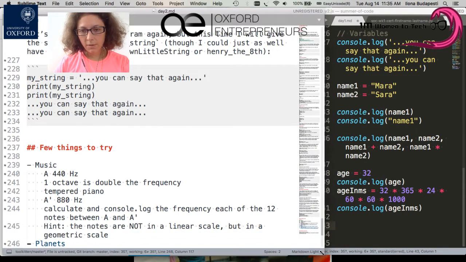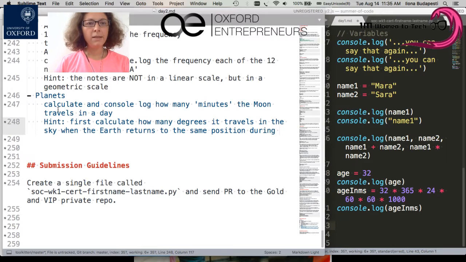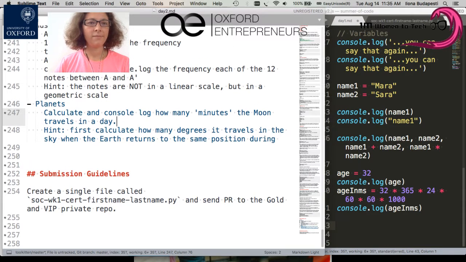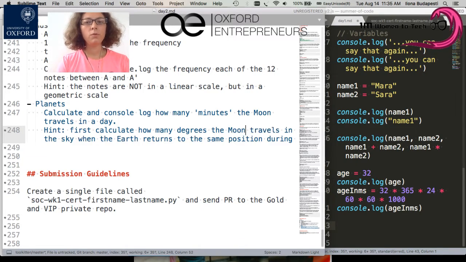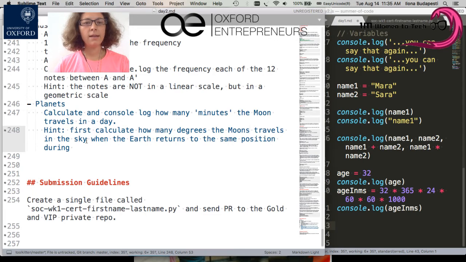Sorry, let me just do it again. Calculate and console log how many minutes the moon travels in a day. Hint: first calculate how many degrees the moon travels in the sky when the Earth returns to the same position during its daily rotation.